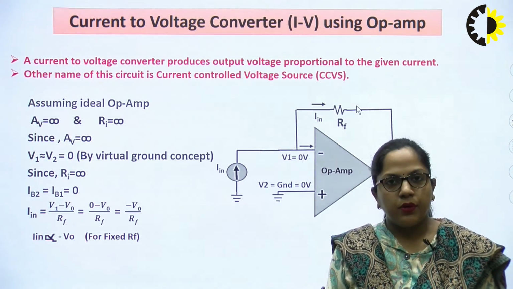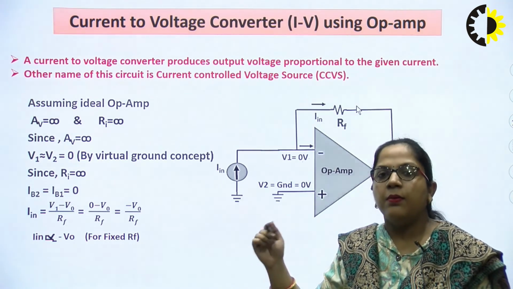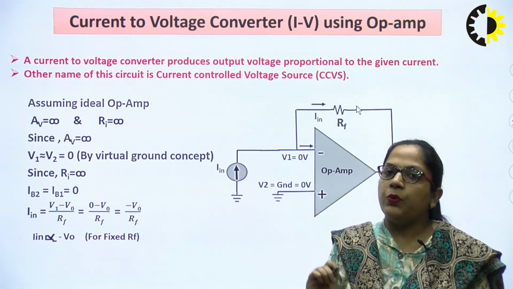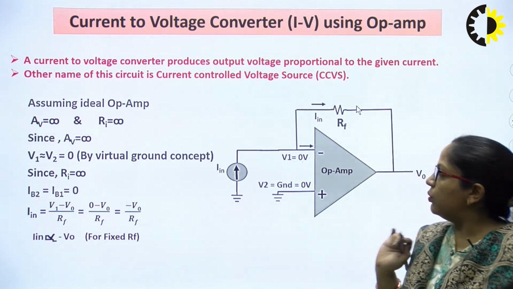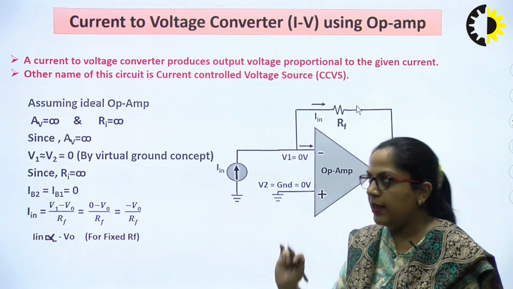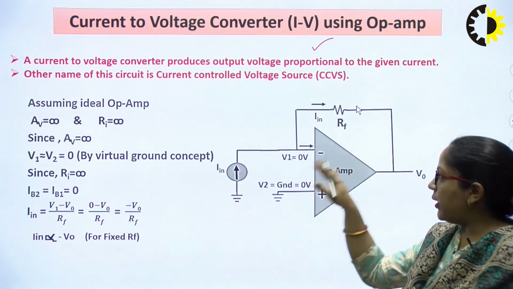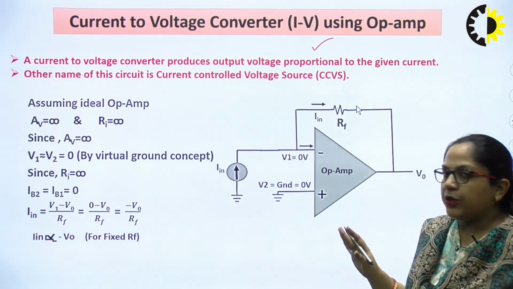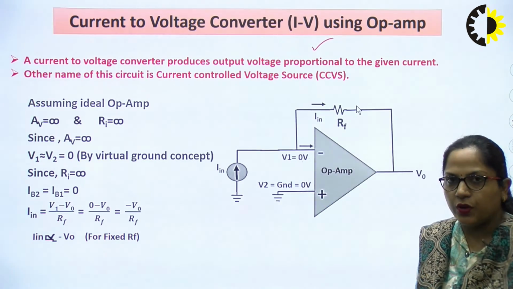At the input we will apply the current, and at the output we will measure the voltage, and that output voltage should be proportional to the input current. If we are able to fulfill this relationship, then that circuit will be called an I to V converter. So here we have one way with the help of which we can convert the input current into the output voltage.